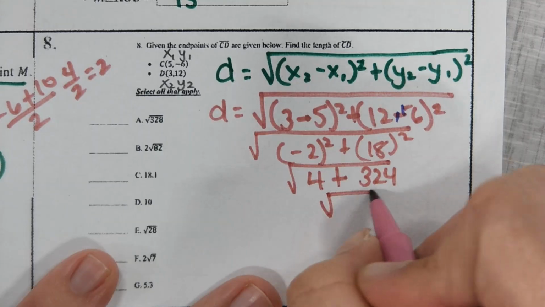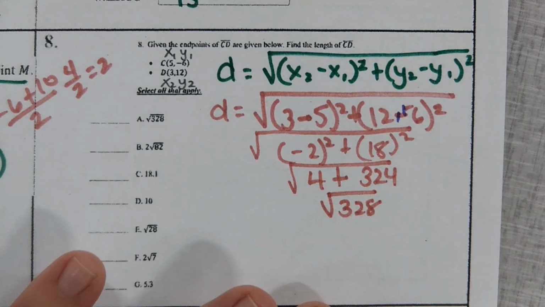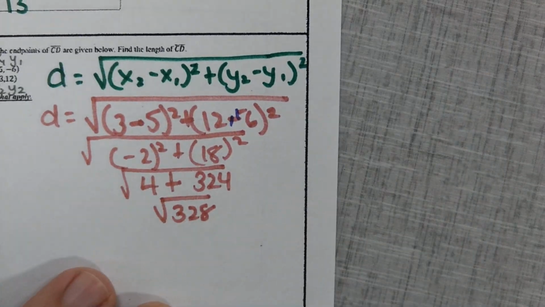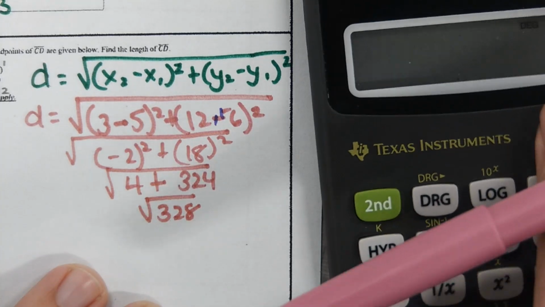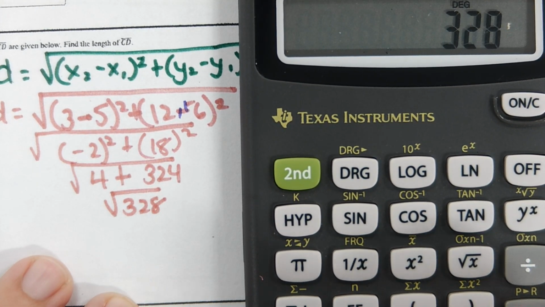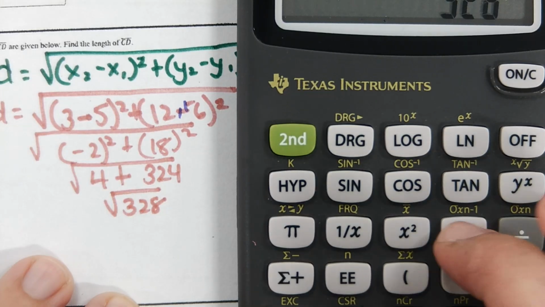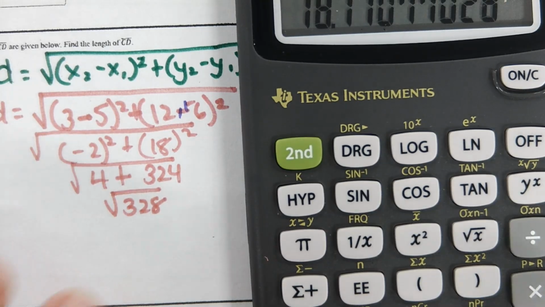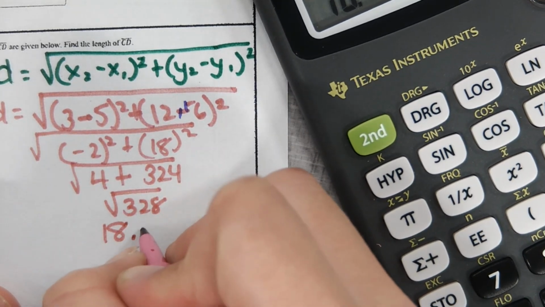We get square root of 328. Then in the calculator, 328, and then I'm going to hit the square root button right here. It comes out to this number, 18.1.